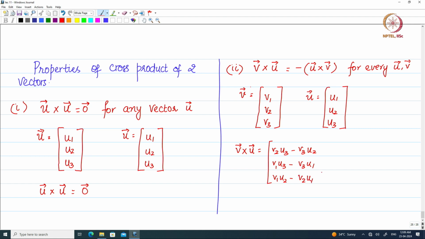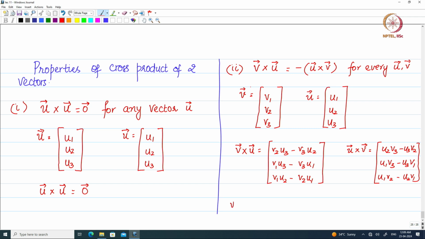We also know that u cross v is given by u2 v3 minus u3 v2, then u1 v3 minus u3 v1, and u1 v2 minus u2 v1. If you take the negative of this vector, you basically get the other one.